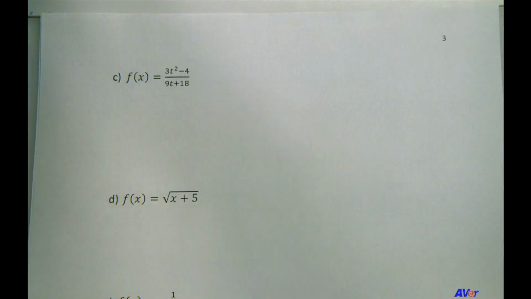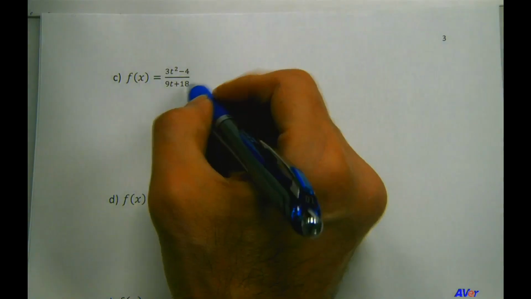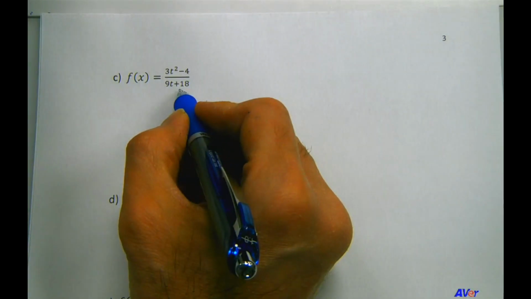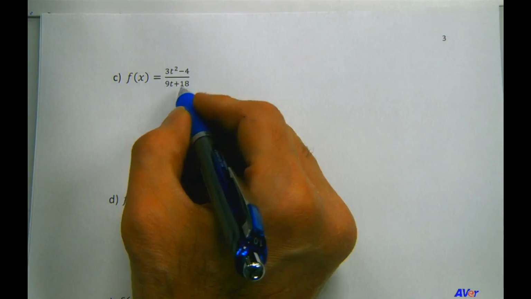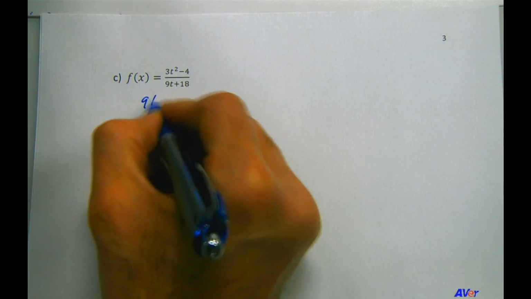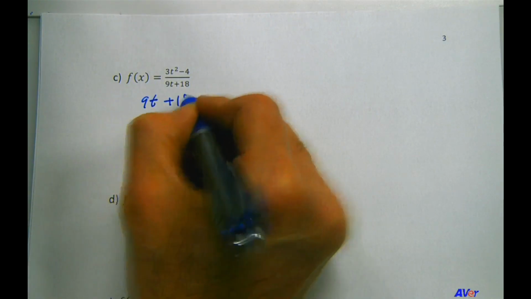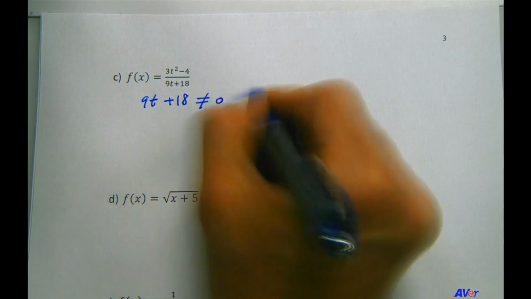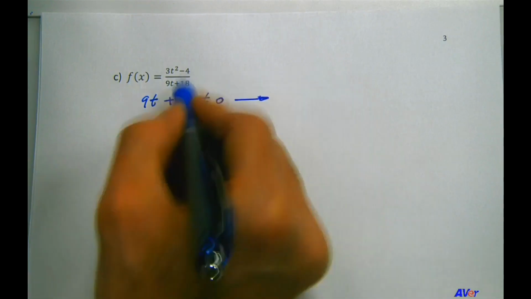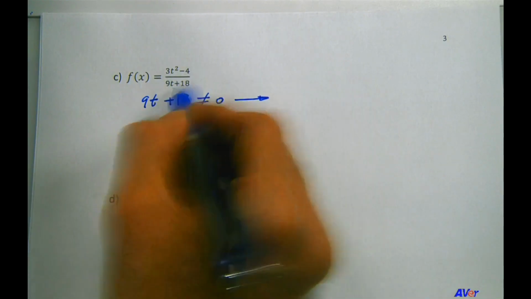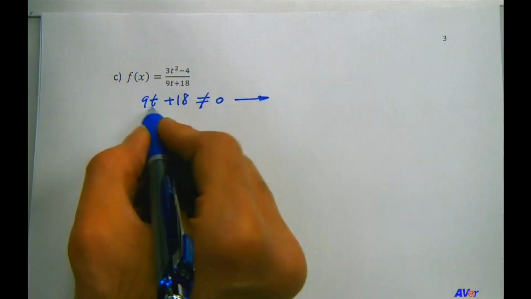So here, once again, we have a rational expression. So we know that 9t plus 18 cannot be equal to 0, right? So 9t plus 18 not equal to 0. That means, because it would make the fraction undefined, right? So let's solve for t.